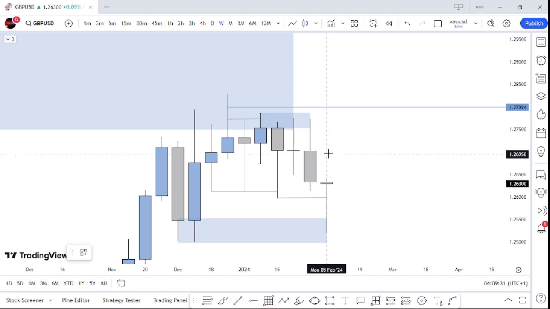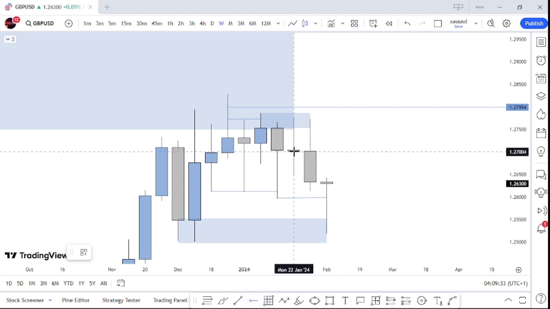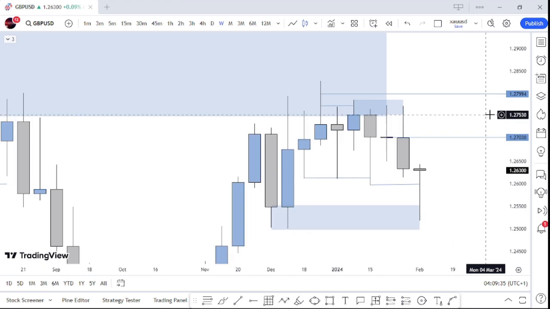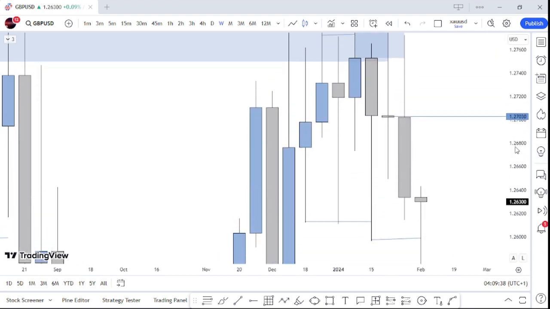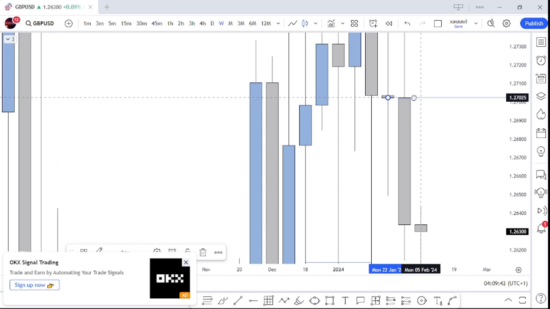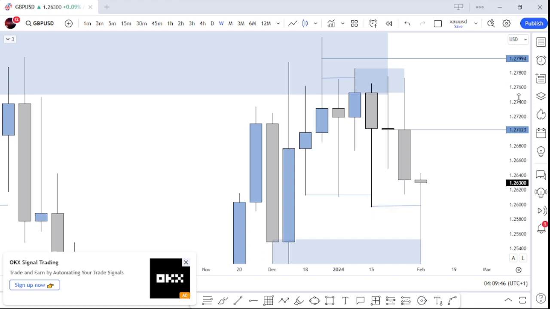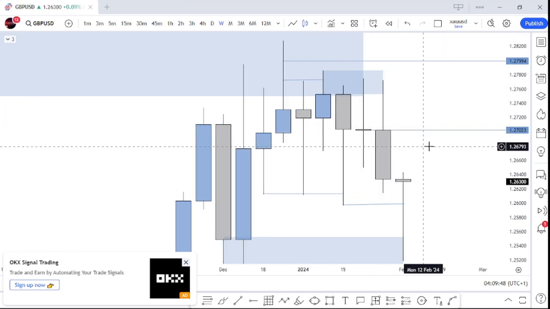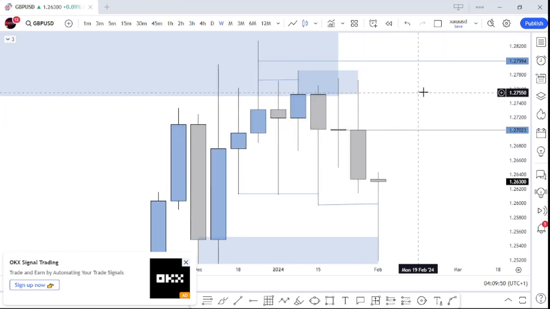Where is that weekly resistance? Right here on the open and close level of the last week and the last 2 weeks. So it's more like the close of the last 2 week candle and the open of the last week candle. Anything from above this level, that's where we should be expecting the sells from.